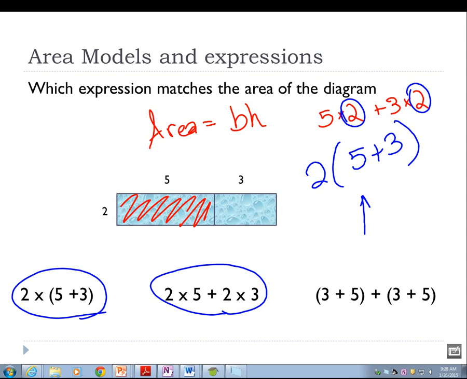This one's better because there's only one height, but there are 2 bases, or 2 widths. And also, this is the one that we're actually doing in this lesson.